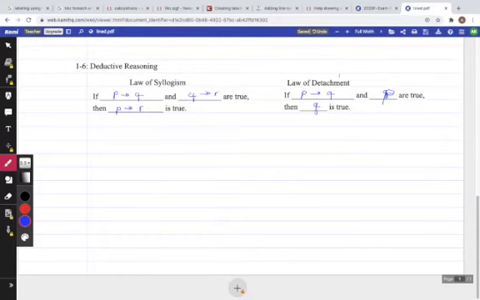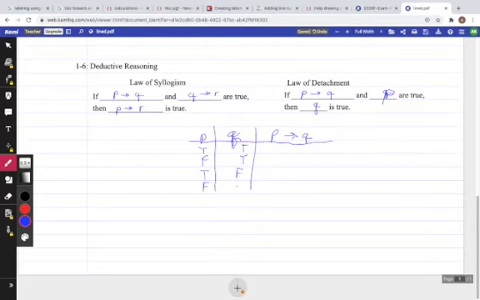This kind of goes straight from our truth table. So we have P, Q, and then P implies Q. With our P, it can be true or false. Our Q can be either true or it can be false.